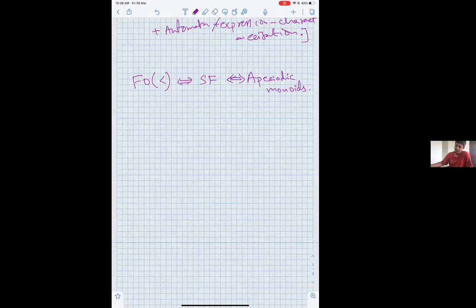What is a parameter on which I can build a hierarchy within FO? I want to see aperiodic monoids. Right now it's like a block, but I want to see them closely. So I want to define a parameter on which I can say, okay, this formula is simpler than this formula, or this formula is more complex than this formula.